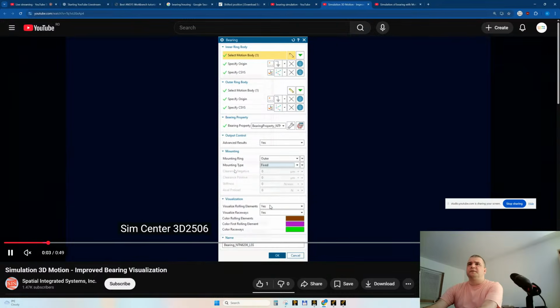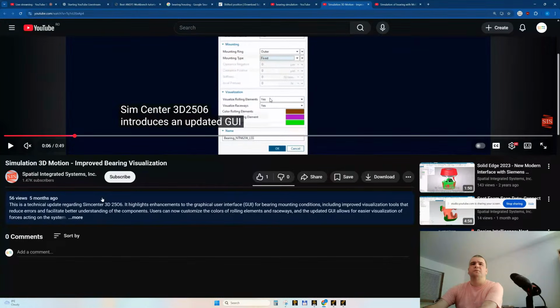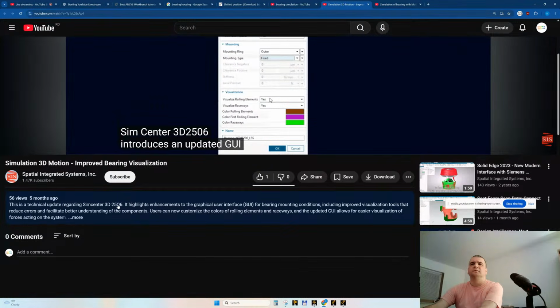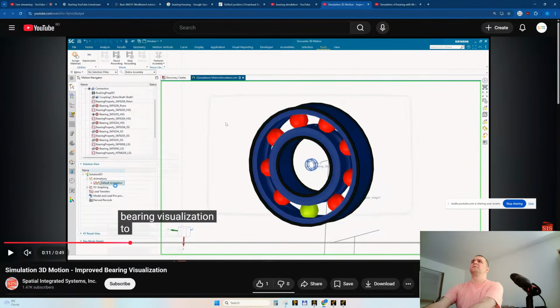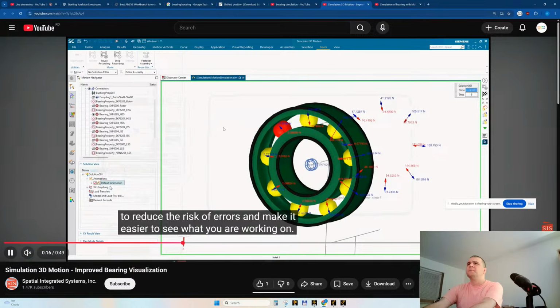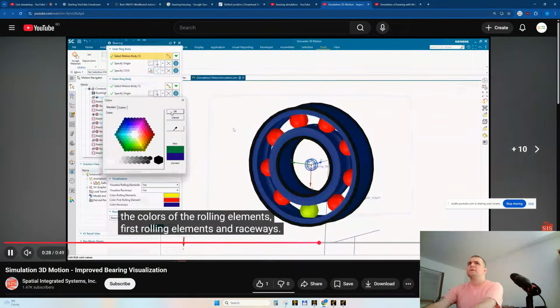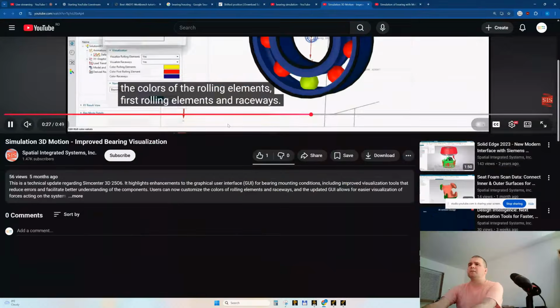Dedicated bearing, user interface improved. What? This is software. I think it's from the future, this software, 500 years in the future. Bearing, escape, rotor bearing. Yeah, it's rigid dynamics according to my assumption.